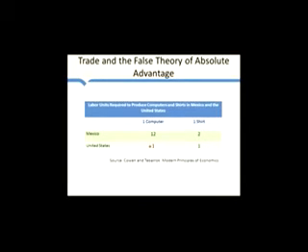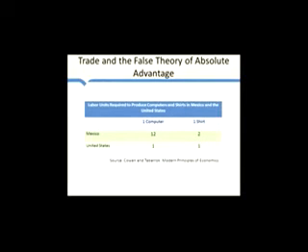Now, from the absolute advantage theory of trade, it may seem obvious that there in fact will be no trade here. It may seem obvious that the United States will outcompete Mexico on all margins. After all, the United States, in this example, is much more productive at producing computers and also more productive at producing shirts than Mexico.